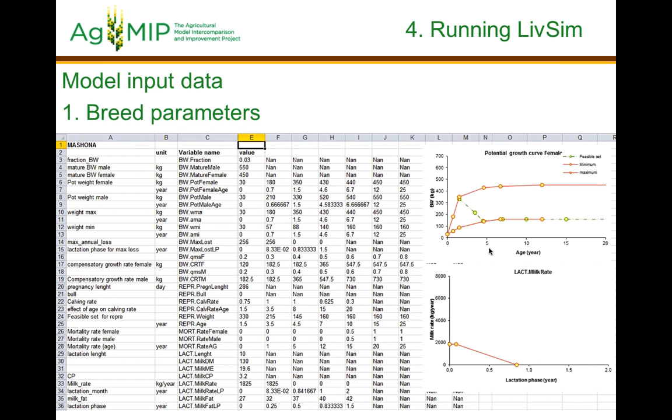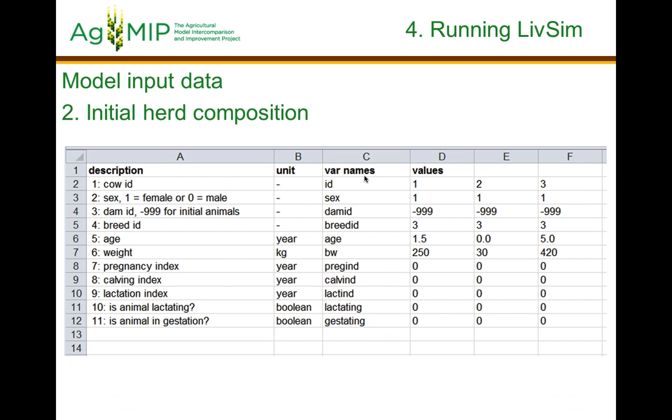This is a screenshot of the Excel input file where all the breed parameters can be specified. If we look, for example, here, we see the maximum body weight for this breed, the minimum body weight, and then this greenish line indicates the feasible body weight for conception. And here you see the graph coming from the parameters around lactation. So this gives you an idea of how the input breed parameters look like.